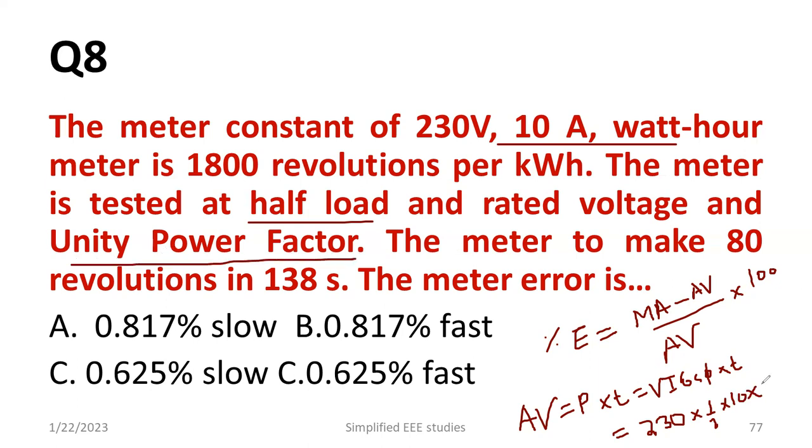If it is unity power factor, cos phi is nothing but 1, into, what is the time? Time, how much have they given? Just check it up, time is 138 seconds. So you have to convert 138 seconds into hours because it's a kWh meter. 138 divided by, how to convert seconds into hours? 60 into 60. Correct, no? Yeah. So if you calculate, you will get an answer. Let us compute, you will be getting 44.08.